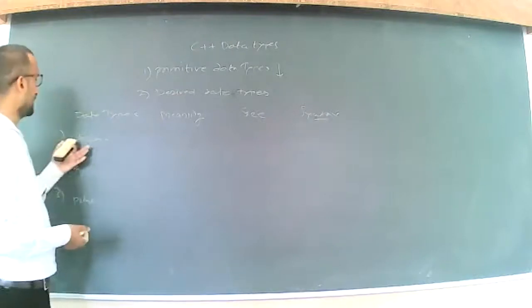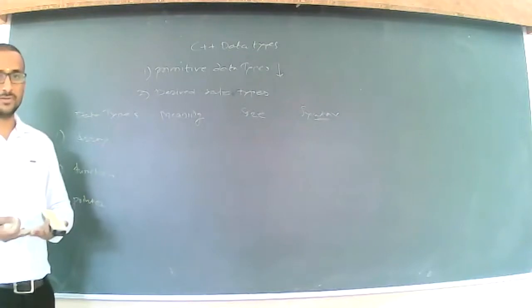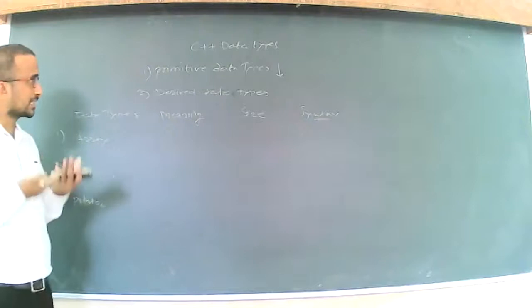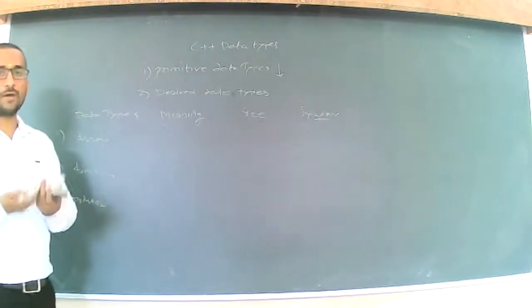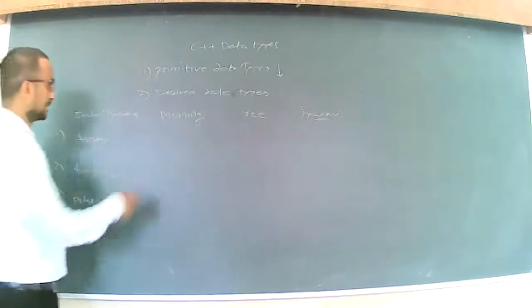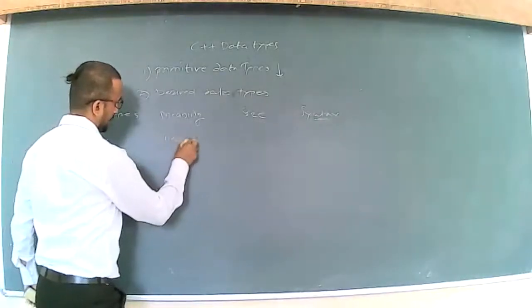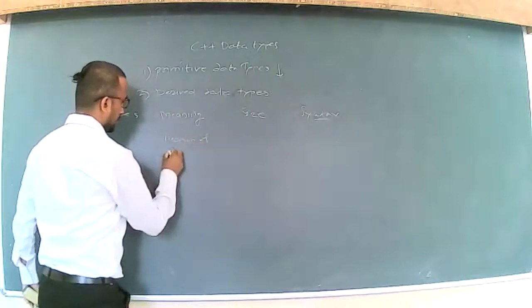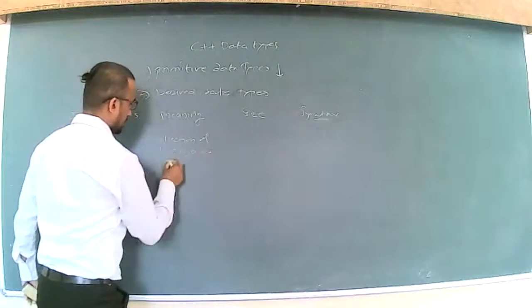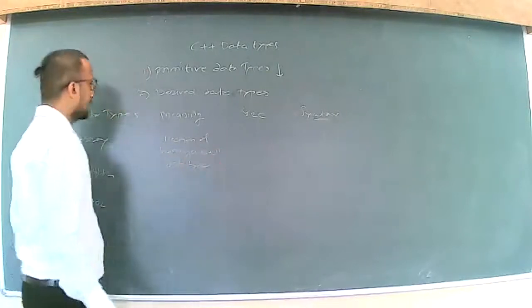The general definition of an array is a collection of homogeneous data types. If you want to make a collection of values of the same data type, at that time you can use an array.